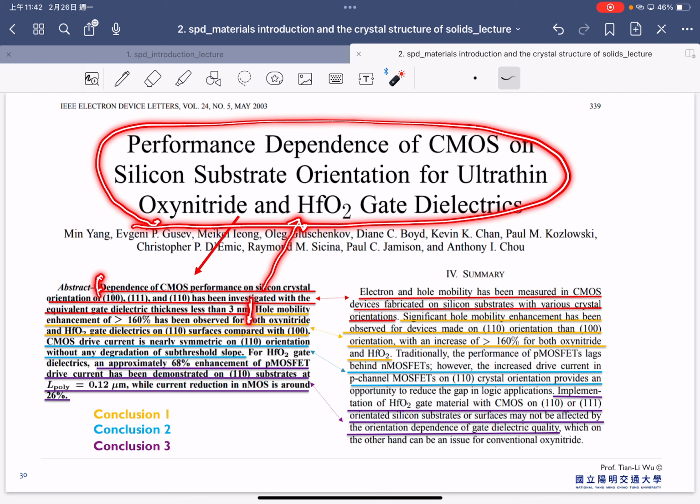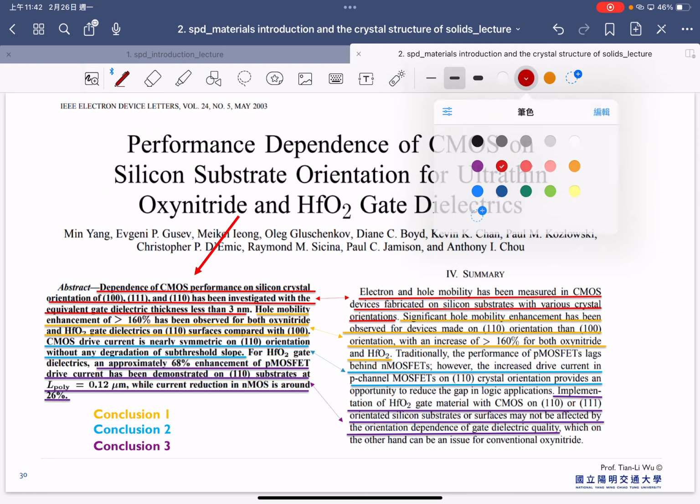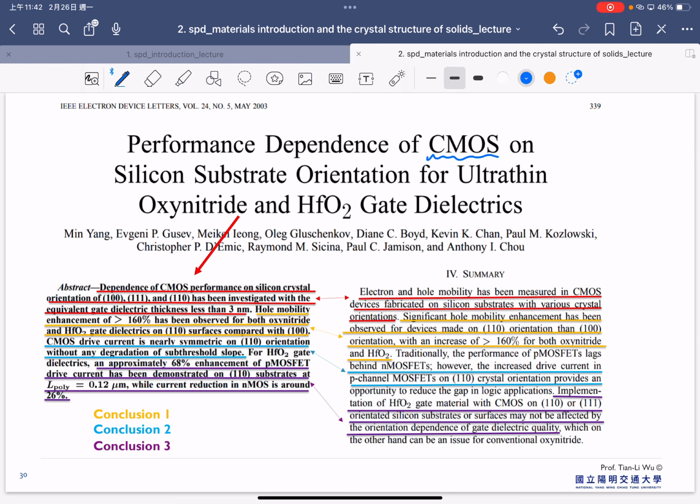What they want to say is exactly the same. Of course, the keywords are also the same: CMOS, orientation, and dielectric. There is some additional detail, but if we remove all the detail, the meaning won't change.